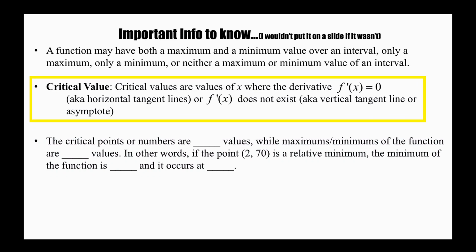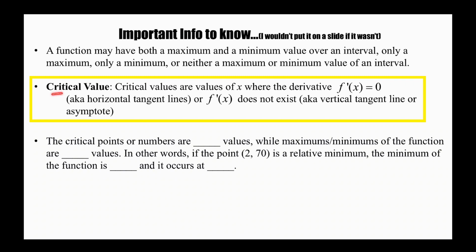So the yellow part, it's not yellow on your paper, but it's boxed in because it's important. Critical values, or sometimes we'll call them critical points, are points or values of x where the derivative is 0, horizontal tangent lines, or there is no derivative, aka vertical tangent lines, right?